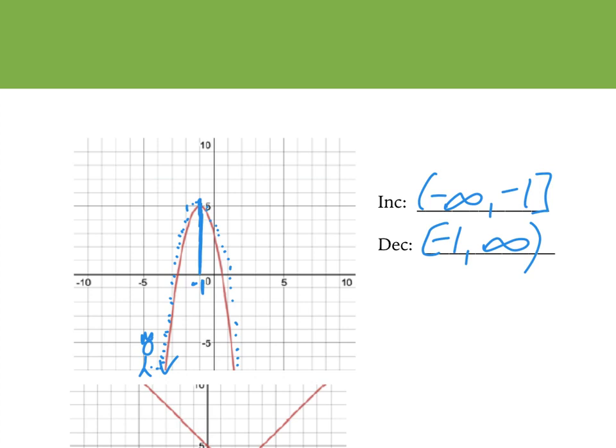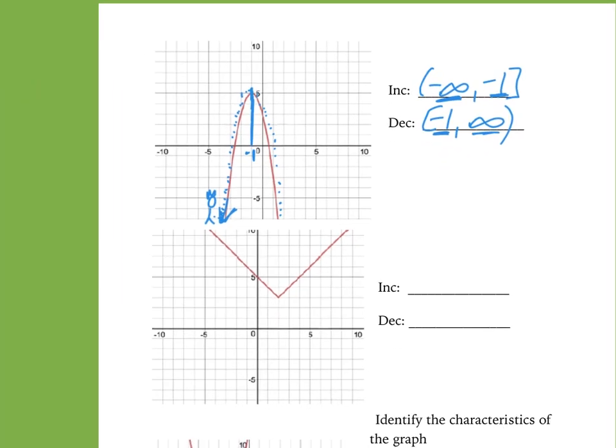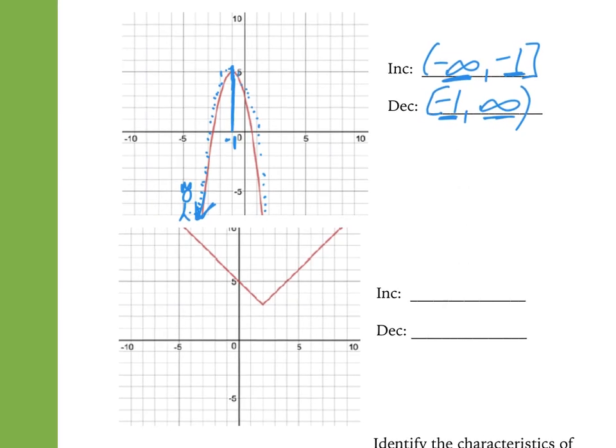How'd you get negative infinity for the first one? Because I know that this is going to the left forever. So it's from left to right. So it's starting at the left forever. It's ending at negative 1. And then starting again at negative 1 and ending at infinity for the decreasing. Okay? So go ahead, get that one written down, and I want you to try the next one.